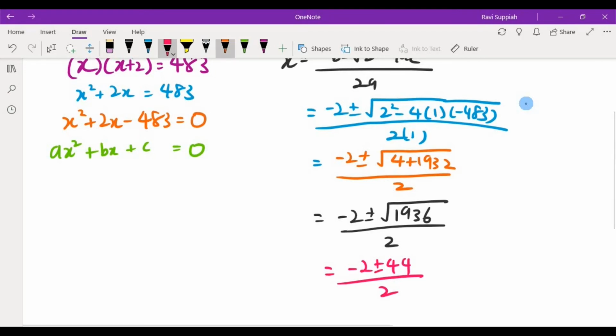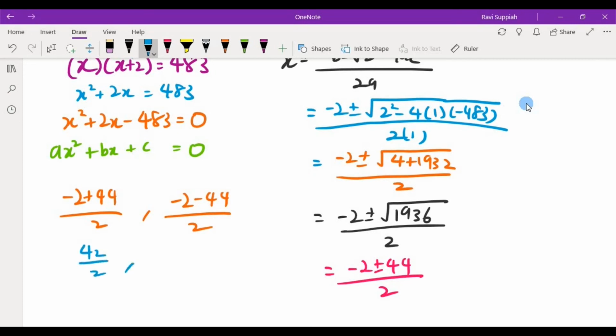The two possible values are minus 2 plus 44 over 2, or minus 2 minus 44 over 2, which would give us 42 over 2 and minus 46 over 2. So that would result in 21 and negative 23.